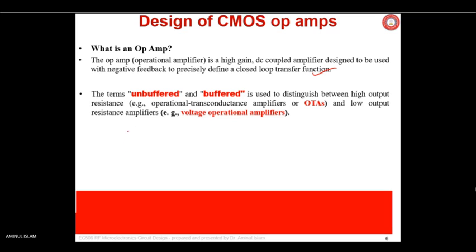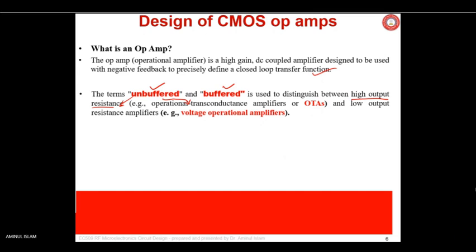The terms unbuffered and buffered are used to distinguish output resistance. Unbuffered means high output resistance. If an operational amplifier has high output resistance, then it is called an OTA, operational transconductance amplifier.